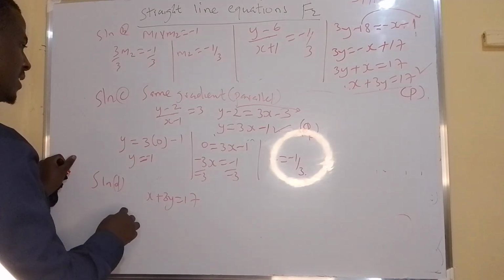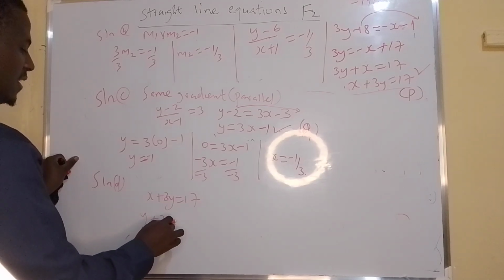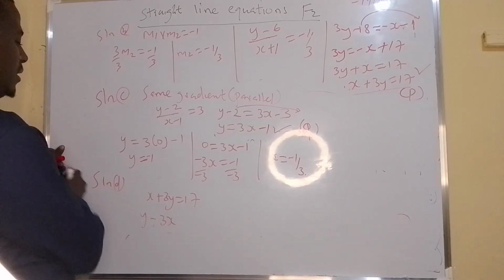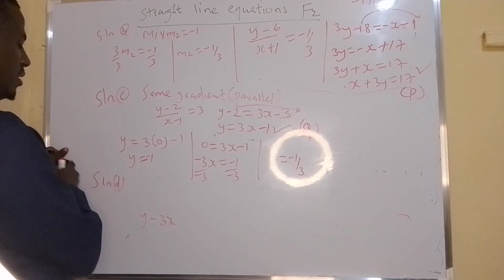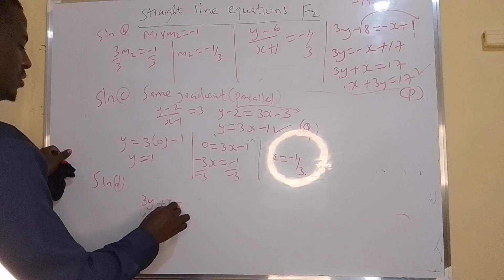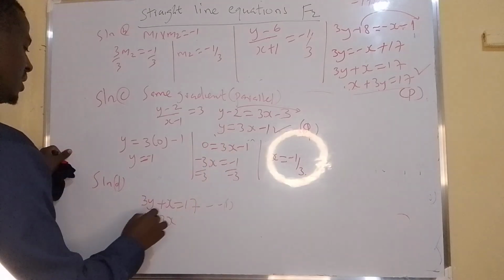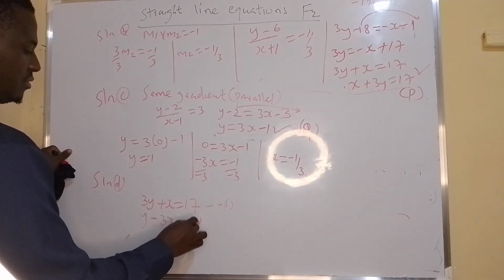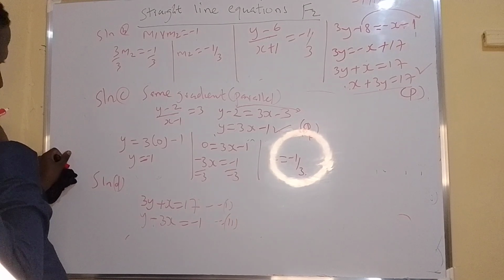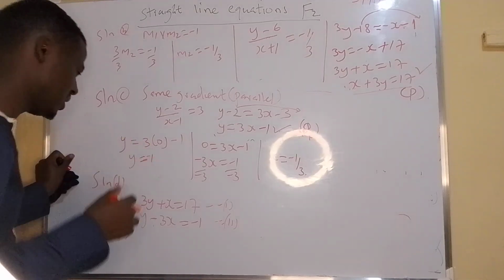The other one in that form is y minus 3x equals negative 1. So 3y plus x equals 17 is equation 1, that is P. Equation 2 is y minus 3x equals negative 1, that is Q. Then you solve them simultaneously. That's important.